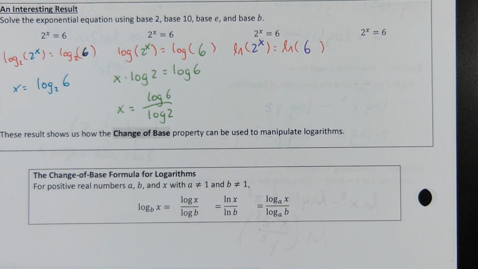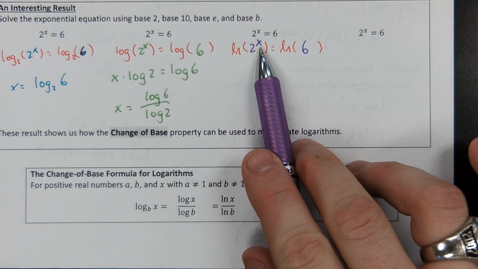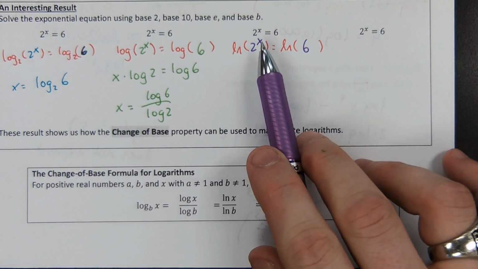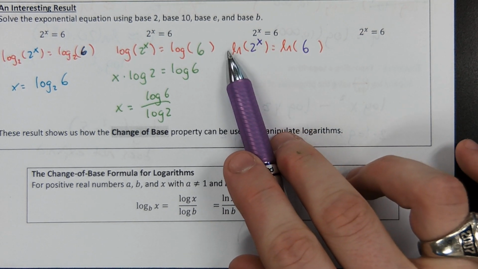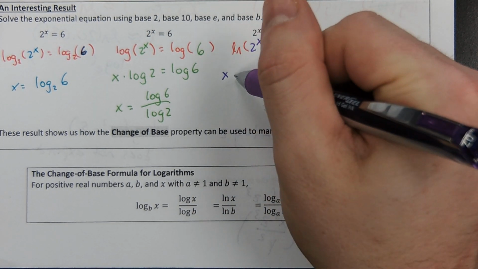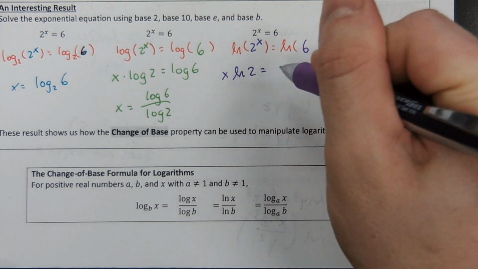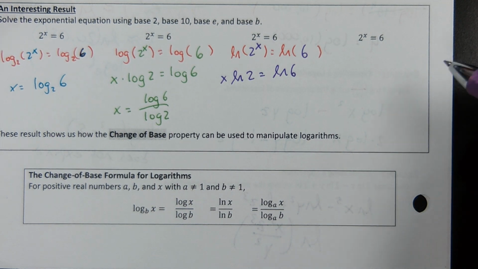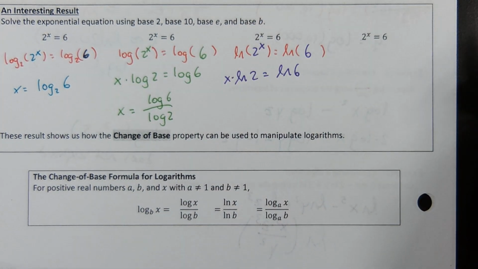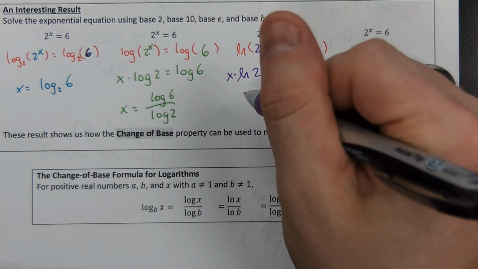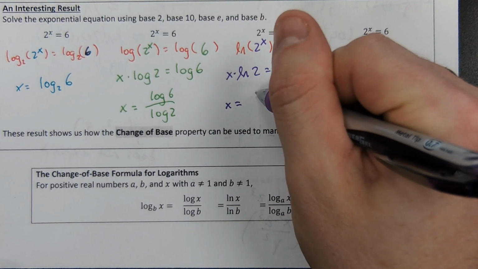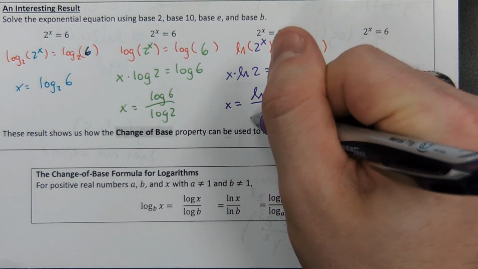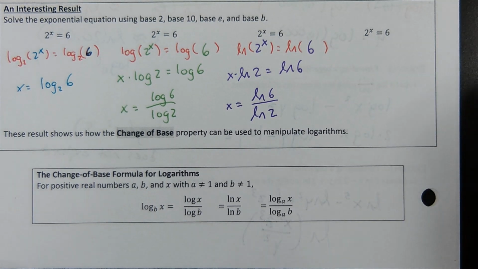However, there is an x in an exponent position of my argument that allows me to expand, take this x, and bring it to the front of the logarithm. x times the ln of 2 equals the ln of 6. The ln of 2 is a number, so I can isolate this x with division to cancel that multiplication. It gives me x equals the ln of 6 over the ln of 2.